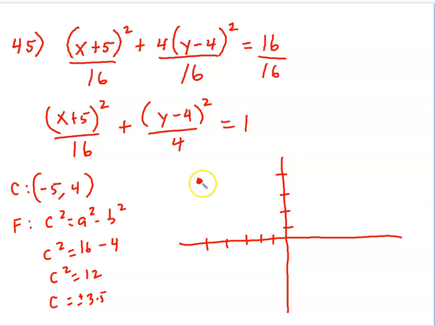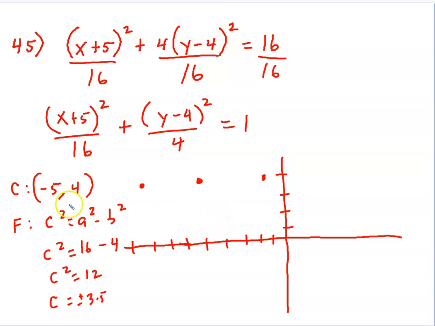So I'm going to go right 3.5, which is about right there, and left 3.5, which is about right there. And these are going to be focal points.